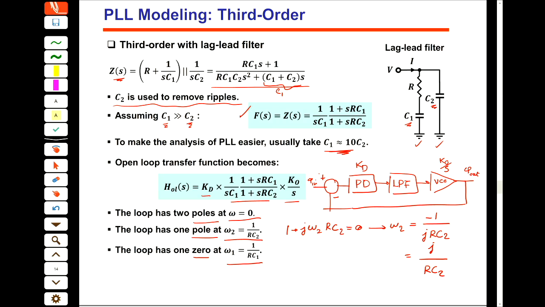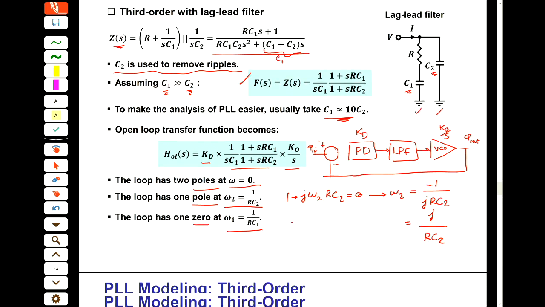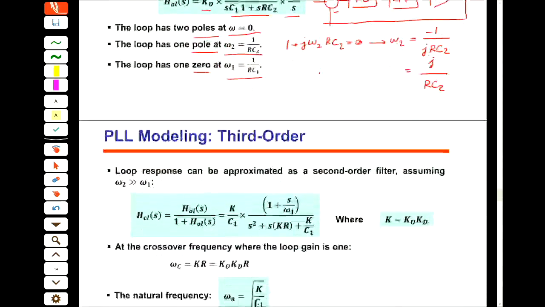All right, so we have one pole at this, one zero at this, and two poles at zero. Clear?